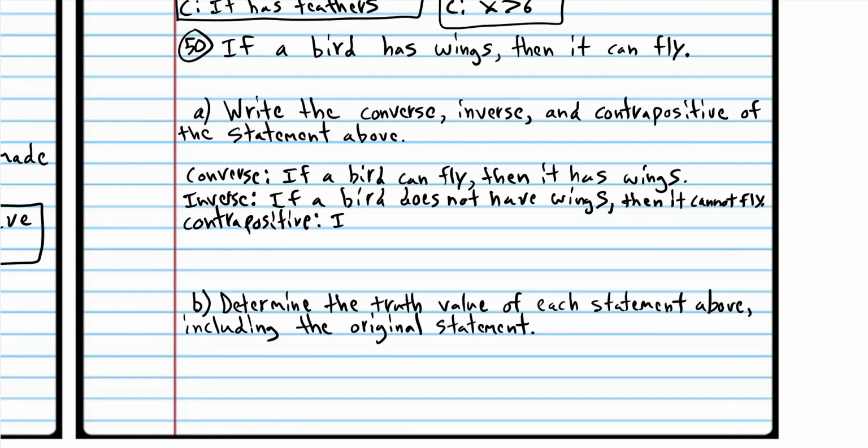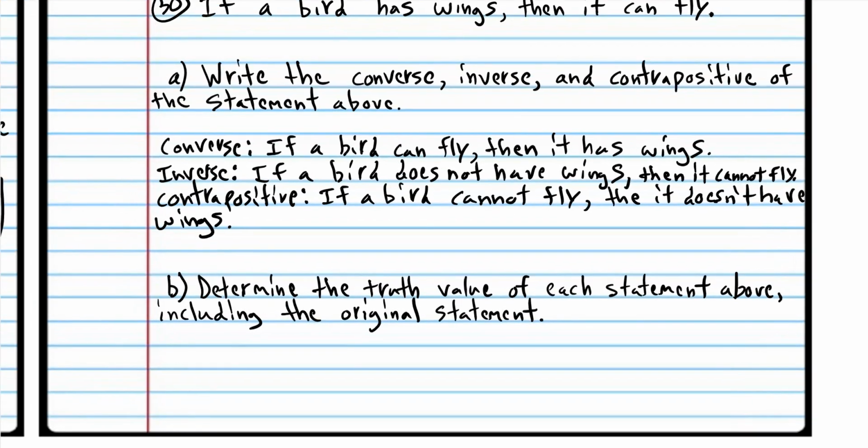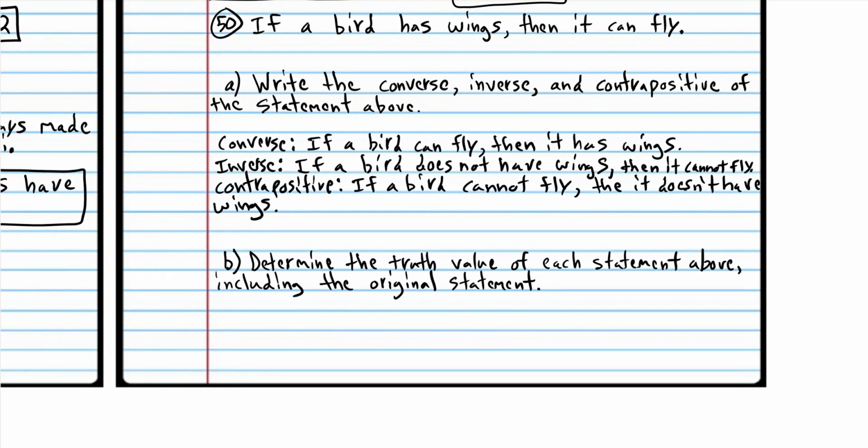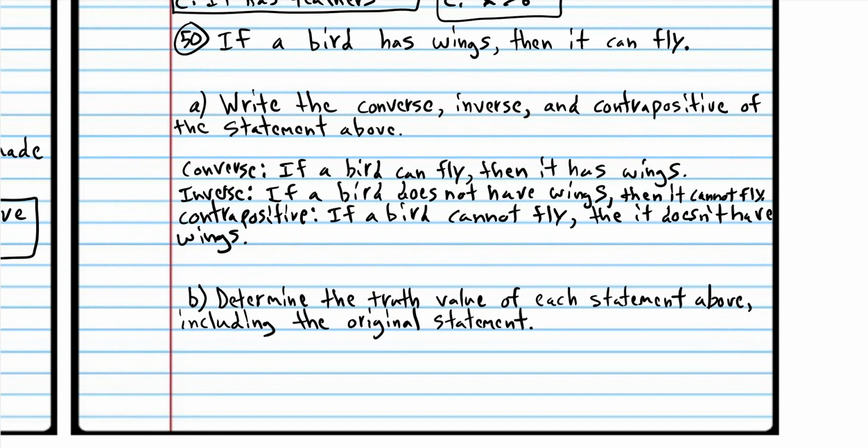So if a bird cannot fly, then it doesn't have wings. And again, remember that some of these statements are ridiculous. Some of them are false, some of them are true. So if you got those answers, good job.